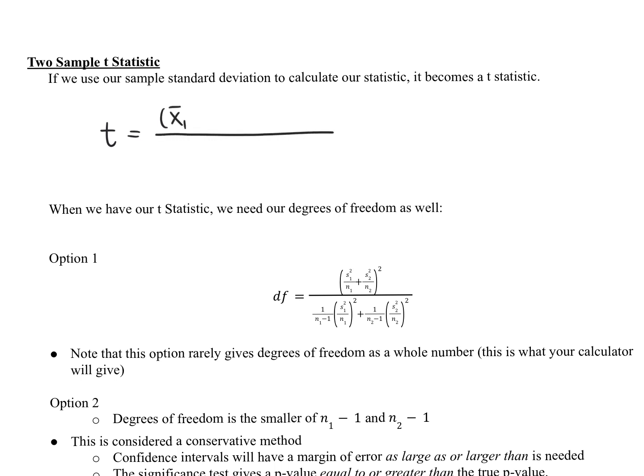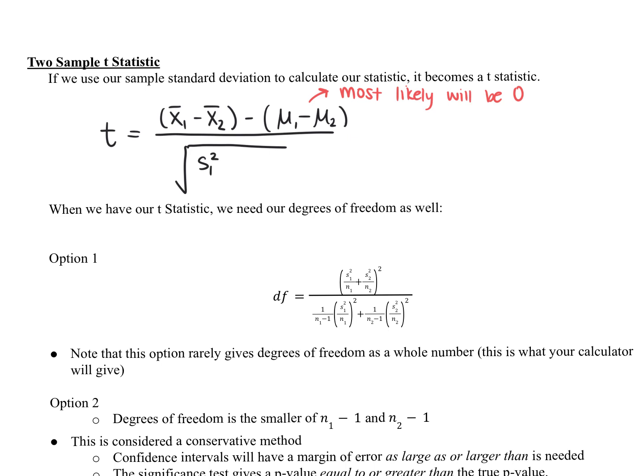It's still x1 bar minus x2 bar minus mu1 minus mu2, which again will most likely be 0. It's not always going to be 0, but the majority of the time. All over the square root of s1 squared over n1 plus s2 squared over n2.